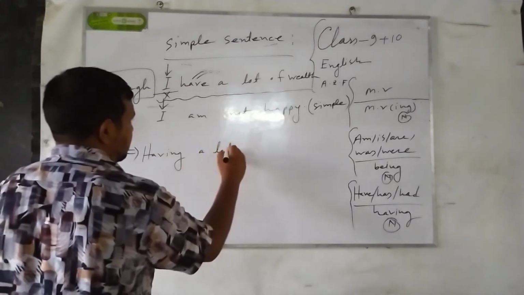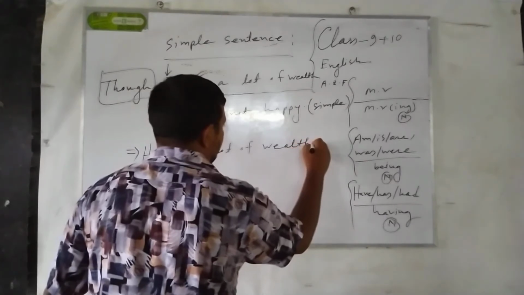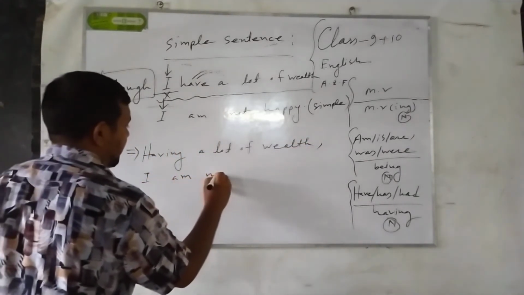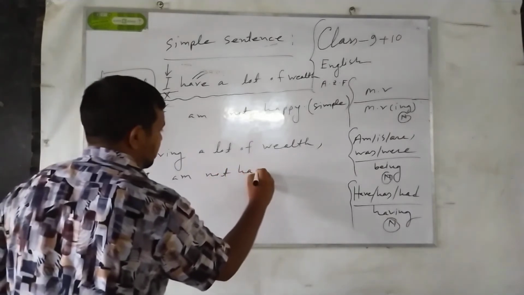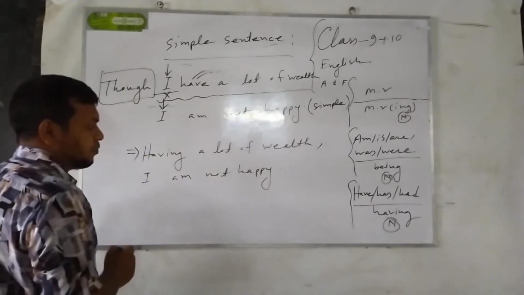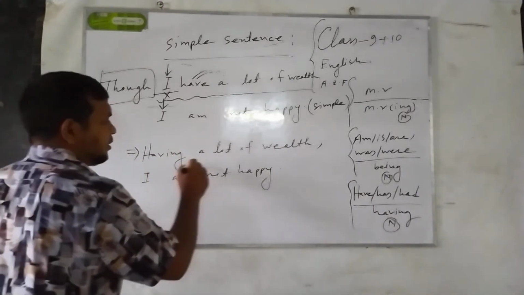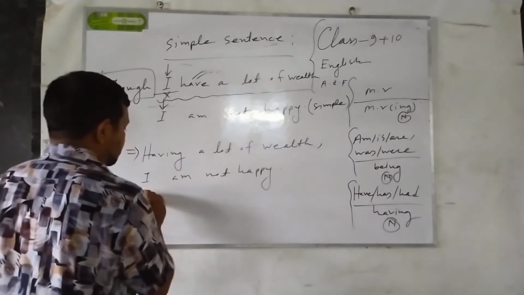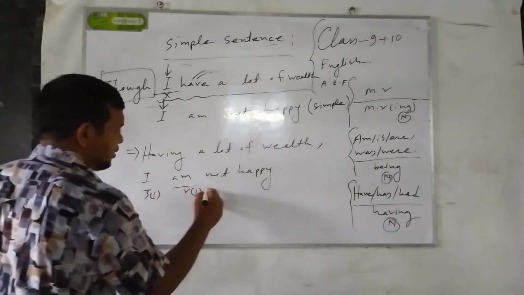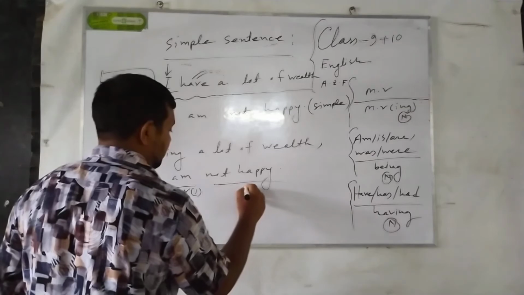"Having a lot of wealth, I am not happy." A few minutes ago I was saying that "having a lot of wealth" is a phrase, then subject, then verb: subject one, verb one and object or more, extension one.